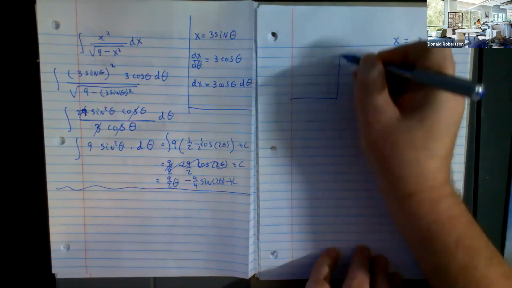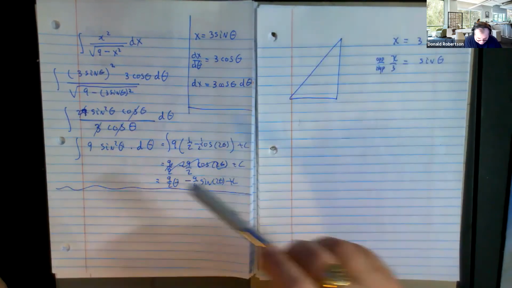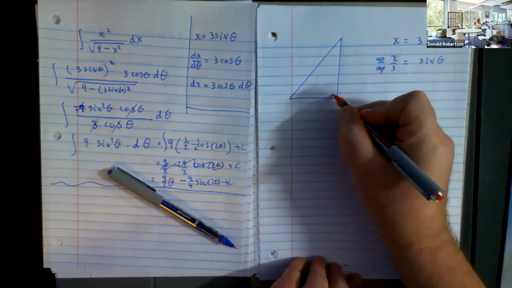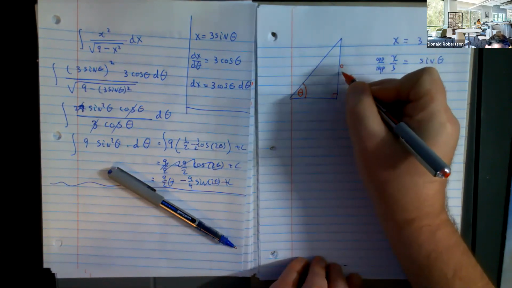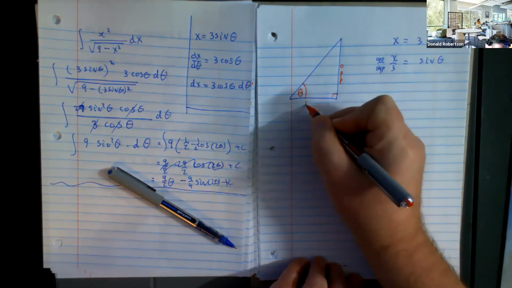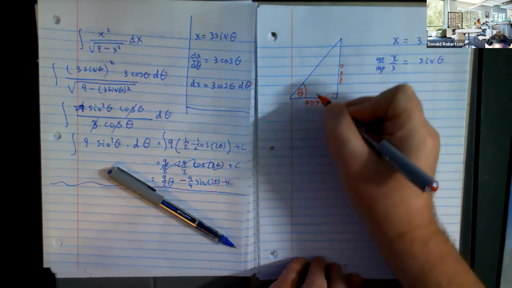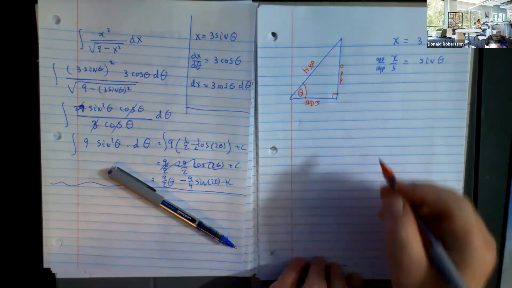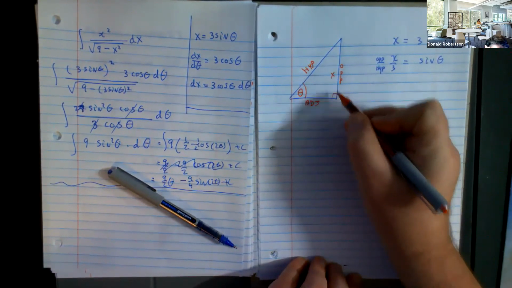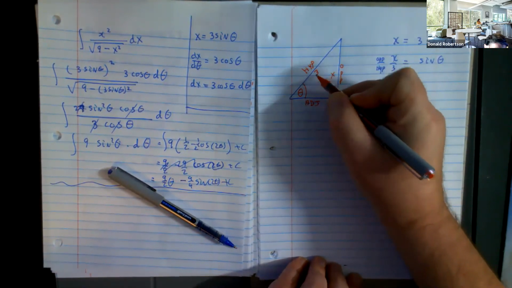So that's the guy that we're going to fix. Build my triangle. Put a theta here. Do an opposite. Do an adjacent. And finally do hypotenuse. The opposite is x. This is 3.